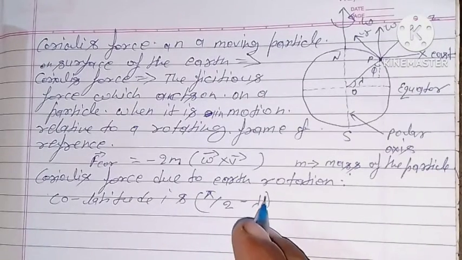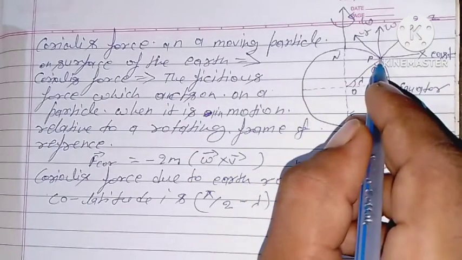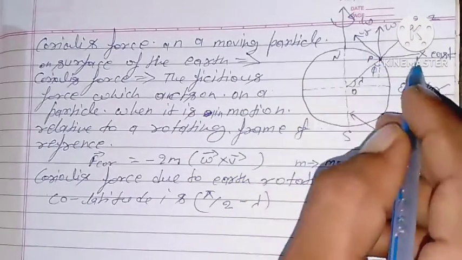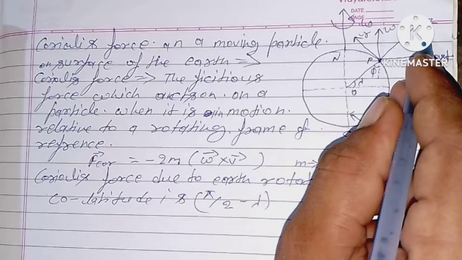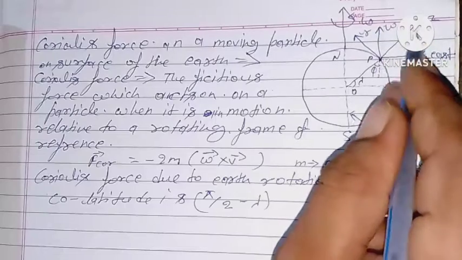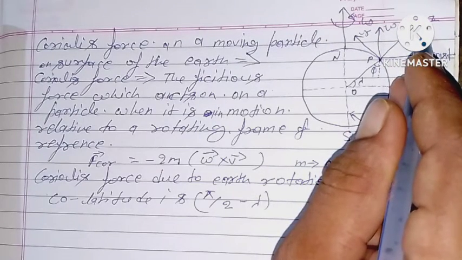Consider a rectangular Cartesian coordinate system with its origin rigidly fixed to the earth at point P. The z-axis of the system is taken vertically upward, radially outward from the center of the earth.